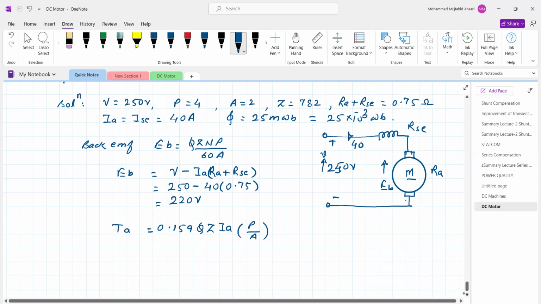The torque can be written as phi Z n P upon 60A.